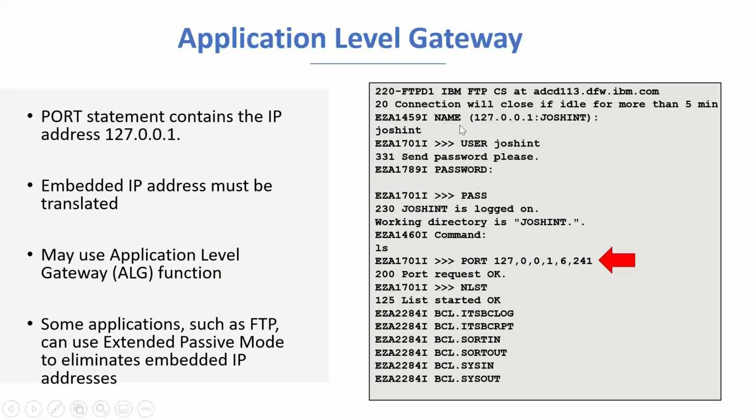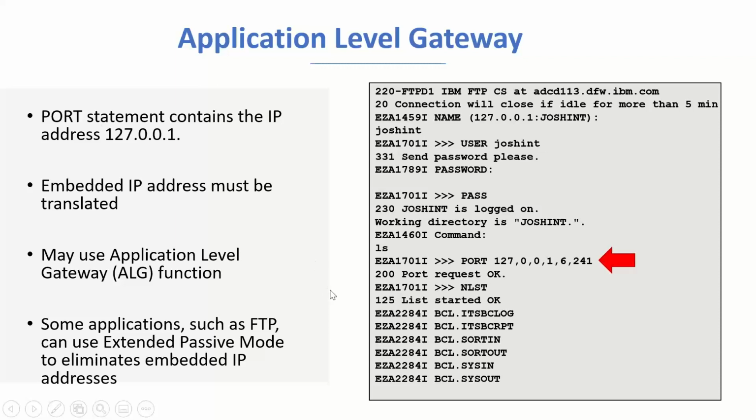For example, here's FTP, and I don't need to tell you guys how FTP works. Here's the port command, and what is this embedding? It's my IP address. Here I was going over loopback, right? So here's good old 127.0.0.1 right there, and you've got to do something with it.